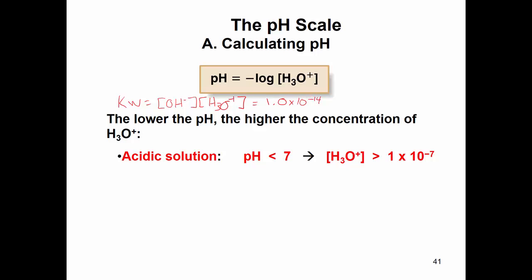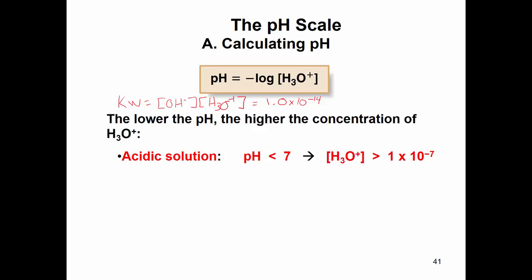So experimentally, we know that water is neutral. It has 1.0 times 10 to the negative 7 concentration of hydroxide, and the same for hydronium. So we think of hydroxide as a base and the H3O plus, or proton, however you want to think of it, as the acid. And that is always equal to 1.0 times 10 to the negative 14.